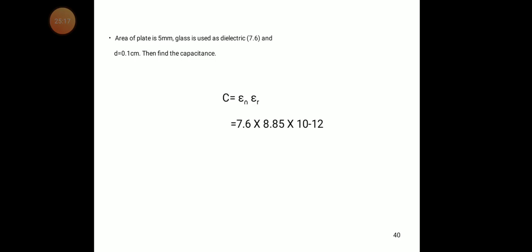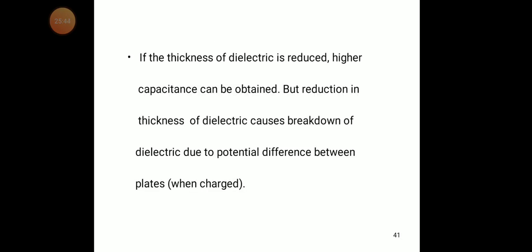You know the capacitance equals epsilon A by D. You know the A, you know the D. Epsilon is epsilon 0 times epsilon r. Epsilon r is given as 7.6. Epsilon 0 is the free air permittivity, 8.85 into 10 power minus 12. If you calculate, then you can get the capacitance value. Okay, that is a simple example.